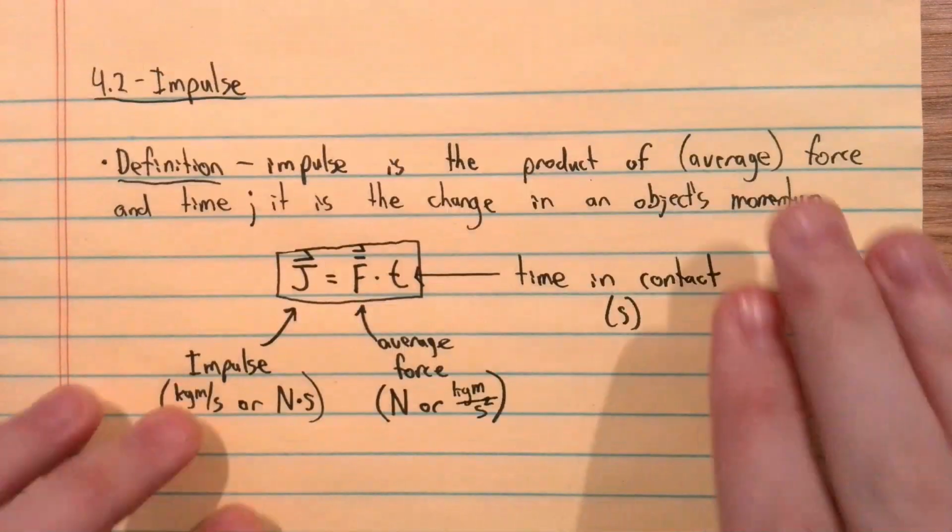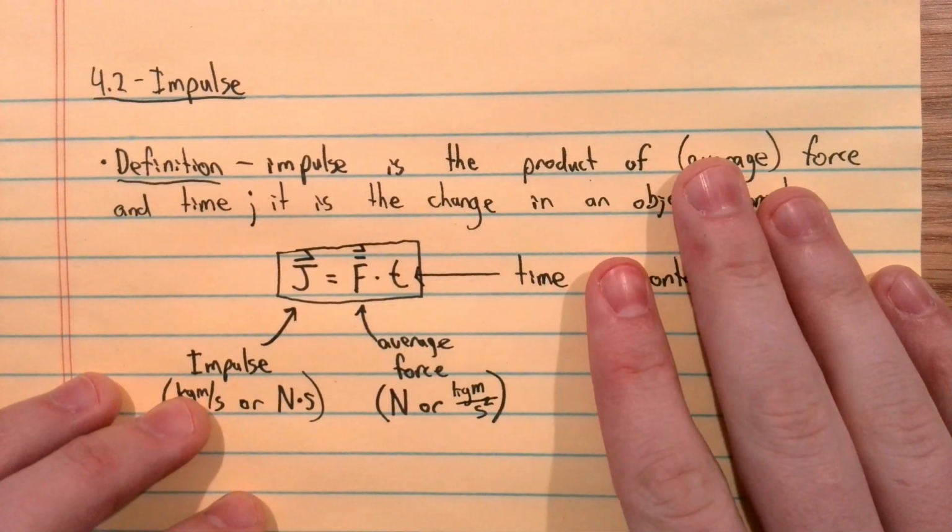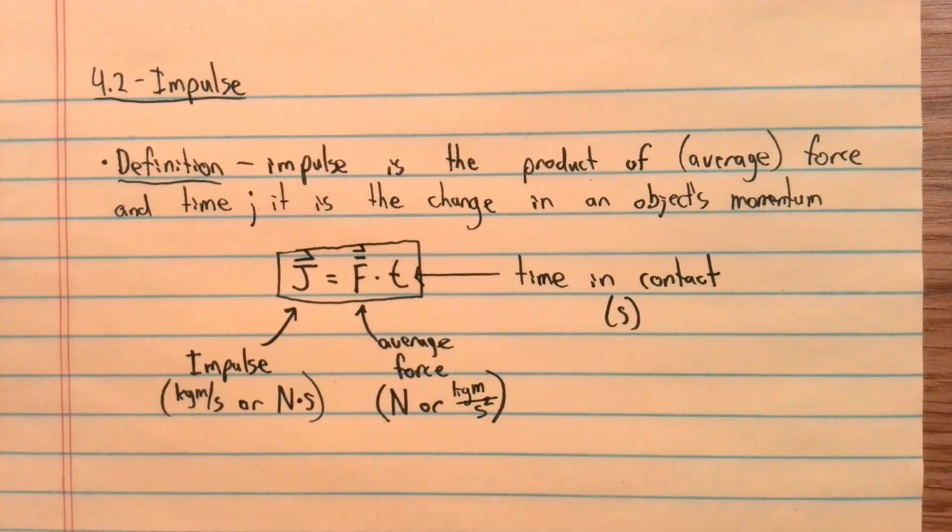Up here in our equation, of course, I say average force. In this class, with word problems and such, every force that I give you is actually an average force. So as far as average force goes, you don't really need to be concerned with that. The main concern is be able to calculate area of a graph.